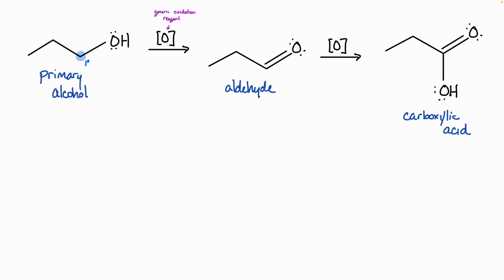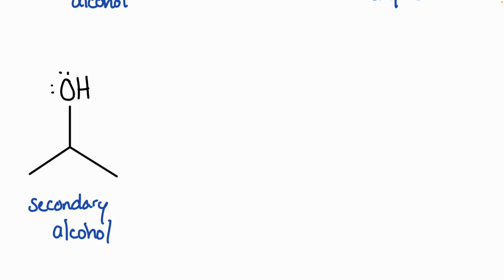All right, cool. So now, instead of a primary alcohol, we're going to take a secondary alcohol. All right, and again, what makes this a secondary alcohol is the fact that that hydroxyl group is on a secondary carbon. It's got two carbon neighbors.